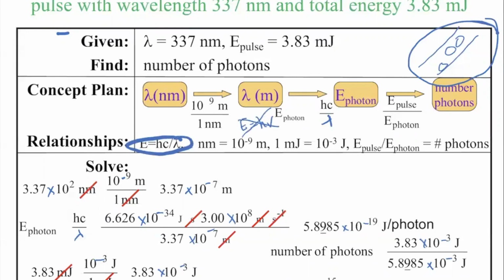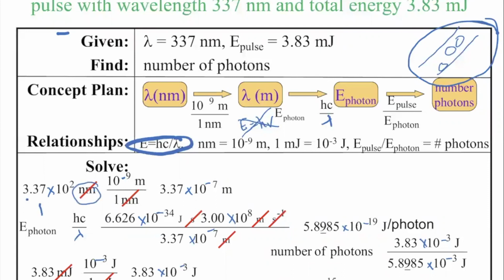You are given the total energy, and you're going to use this number later. So you're solving, first you have nanometers, you want to convert it to meters, and the reason for that is because of Planck's constant.